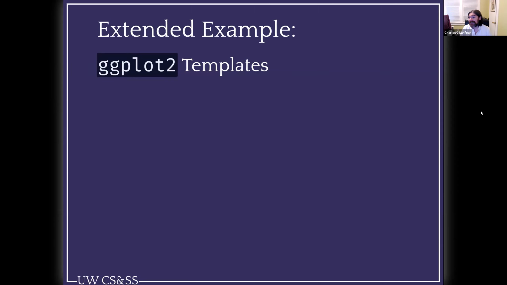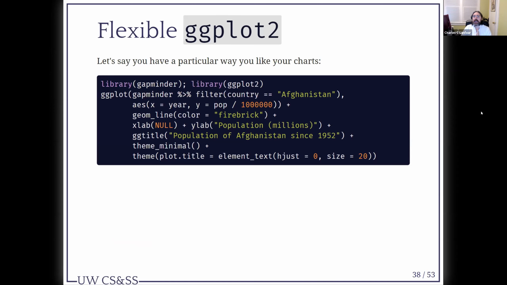Okay. So anyway, I'm going to get to the last extended example of using functions, which is using ggplot templates. Let's say you've got a particular way you like your charts and you want to make lots of them like this, or you want to be able to quickly change them. What I have here is a ggplot of the Gapminder data from week 2, which is then filtered down to Afghanistan.